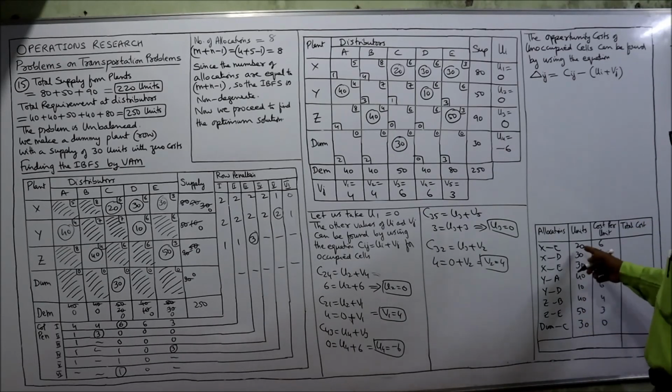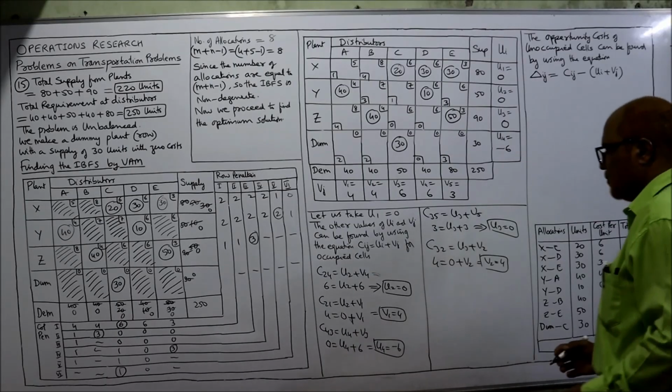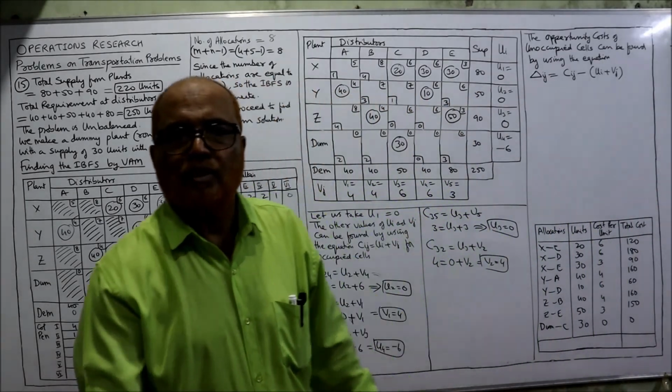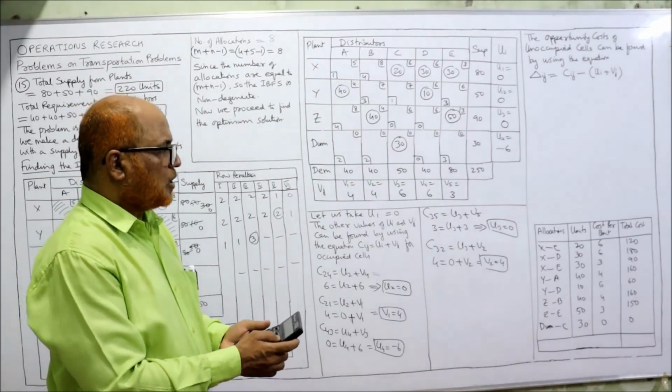Now simply multiply 20 into 6, 120. 30 into 6, 180. 30 into 3, 90. 40 into 4, 160. 10 into 6, 60. 40 into 4, 160. 50 into 3, 150. Then 0. So we have multiplied the units with cost per unit.